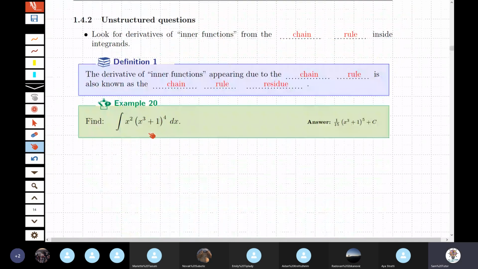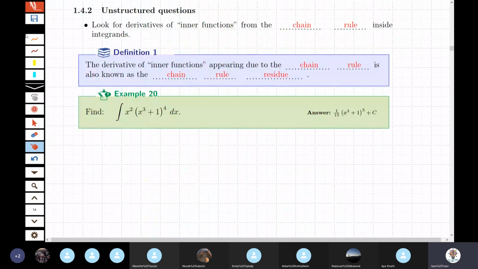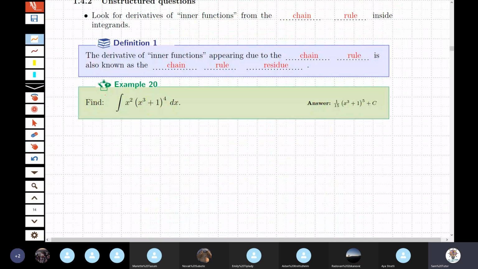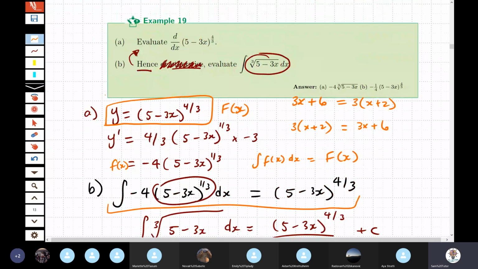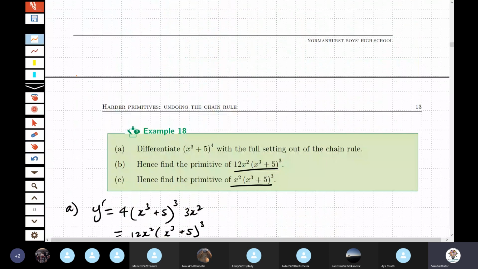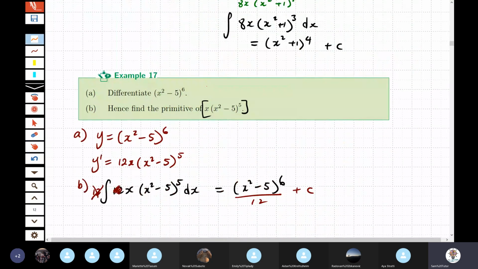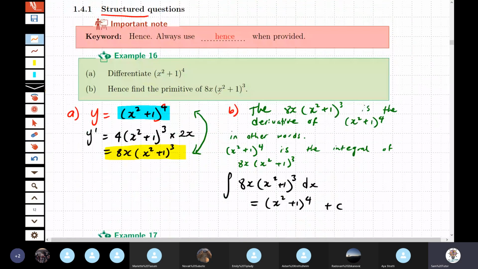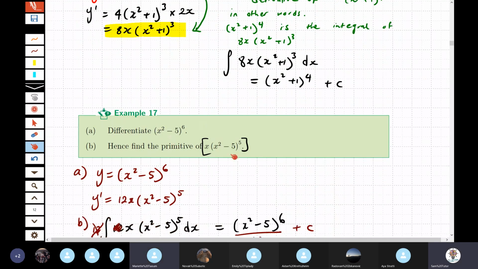So you've got to actually find the derivative. Let's look at all of them. Look at this question. What's actually the same in both? Look at this question.